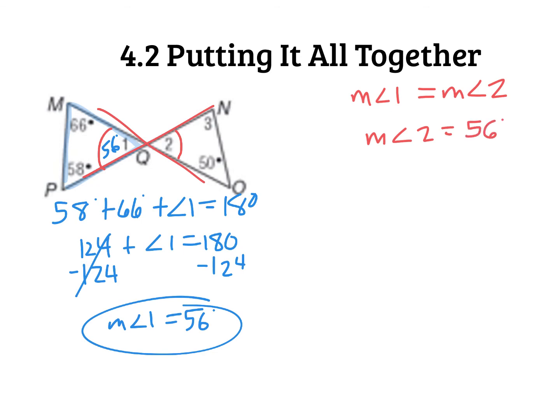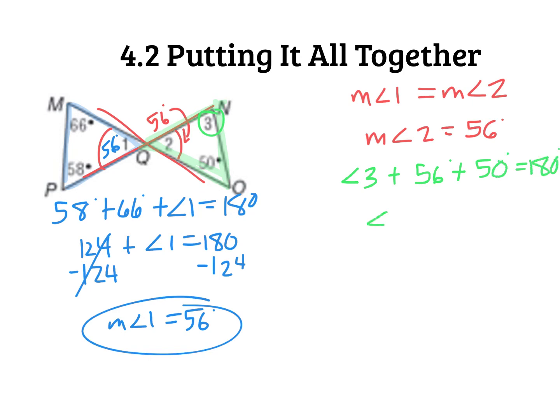Now that I know this is 56 degrees, I can now find the missing angle, angle 3, by now focusing on the second triangle. The second triangle, NOQ, right, should also add up to 180. So, I have angle 3 plus the 56 degrees from angle 2 plus the 50 of angle O should equal 180.